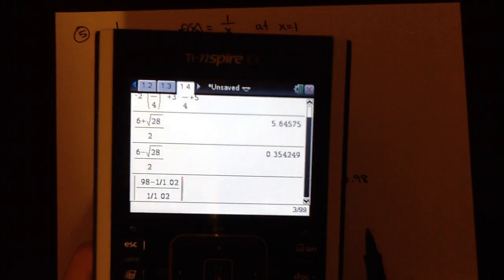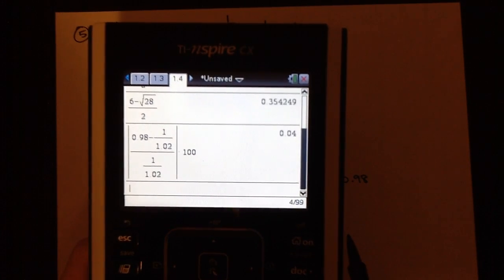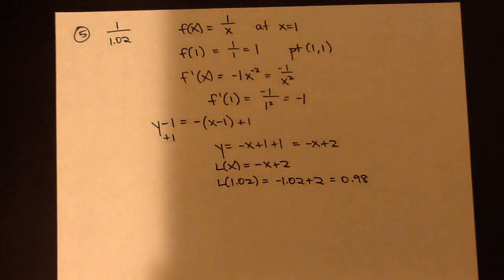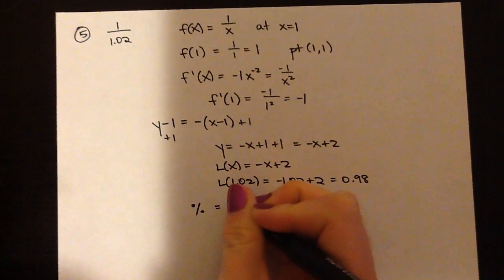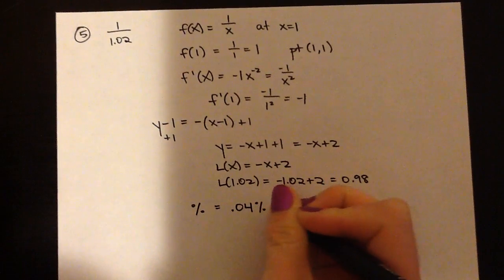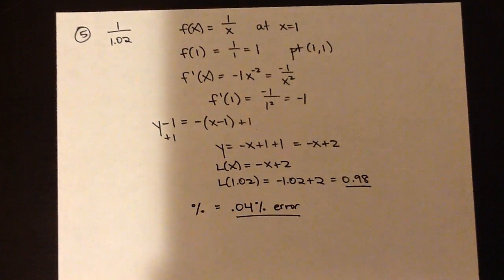And then I always multiply it by 100 so I can get a percentage. It comes out to be exactly 0.04. So the percent error equals 0.04% error. So that is my error, that is my approximation.